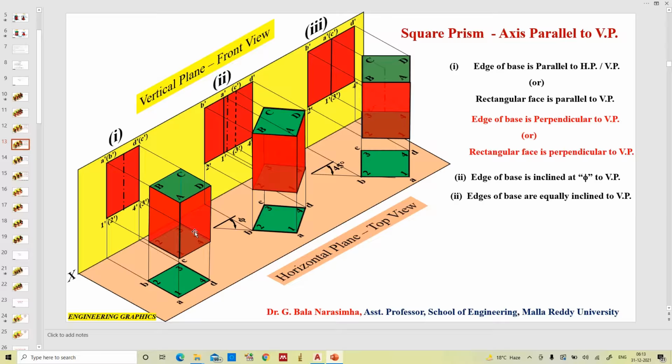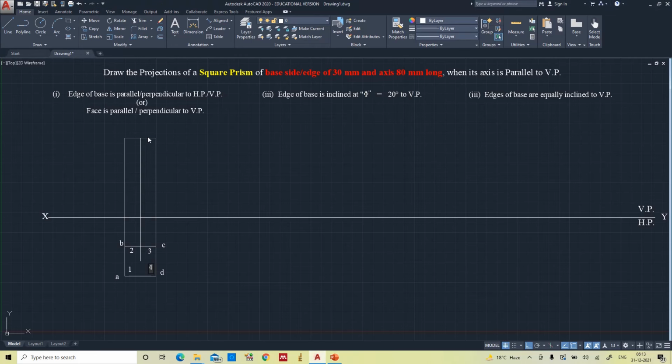So when these hidden features are behind this one, only the visible lines will be considered. According to the priority of the lines, the first priority goes to the visible lines and then hidden lines. So that's why in the front view all the edges are visible.